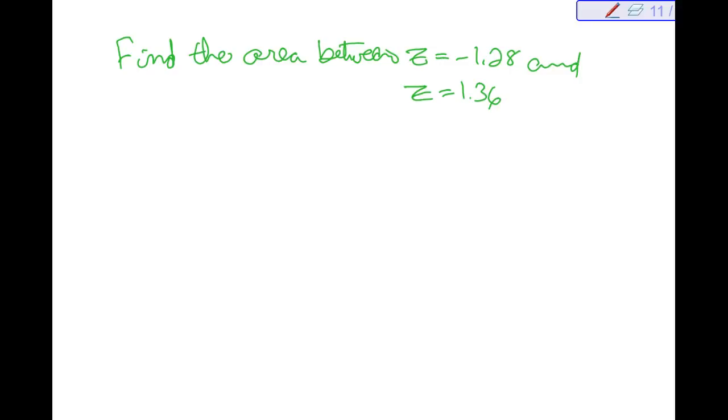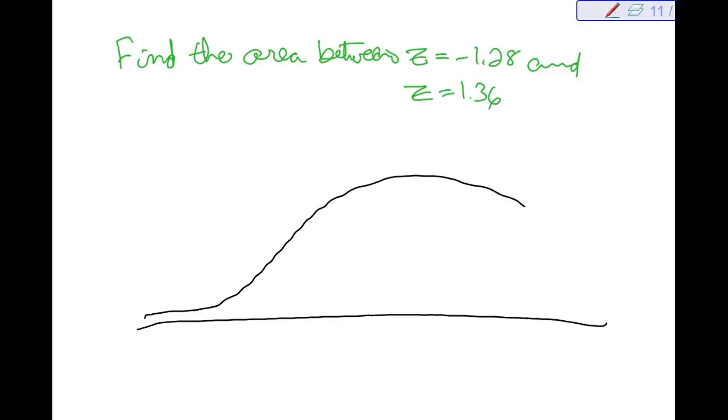So here, what we're going to do is I'm going to come here, draw my curve. Here's 0. So a negative 1.28, let me put that decimal in the correct place, negative 1.28, that is going to be right here, and a 1.36 is right here.